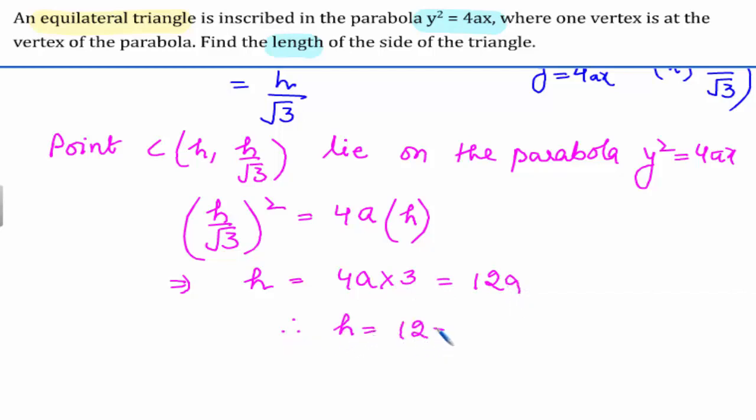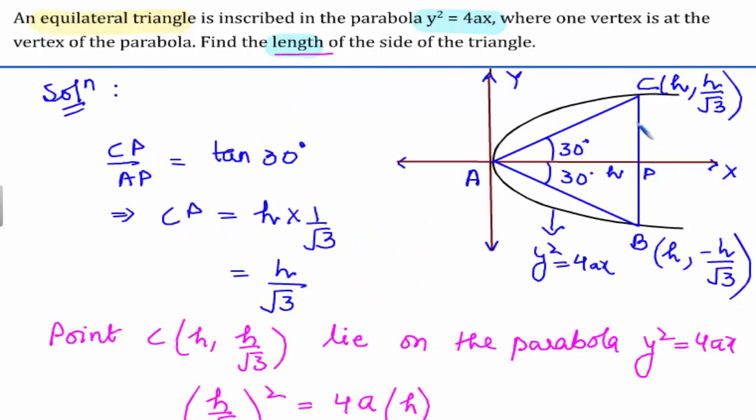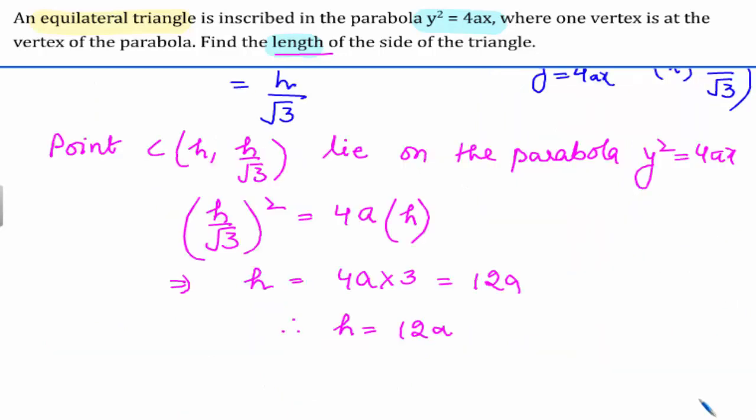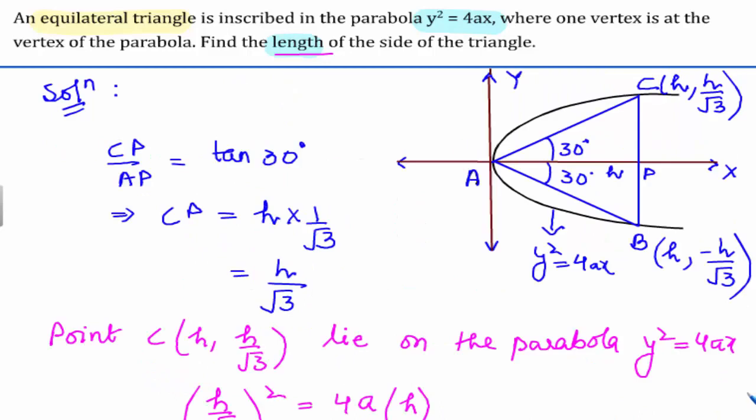Now according to the given question, we have to find the length of the sides of the triangle. Now as we can see, the sides of an equilateral triangle are equal. Therefore let us find the length of BC. And BC is, as we can see, 2 times CP.